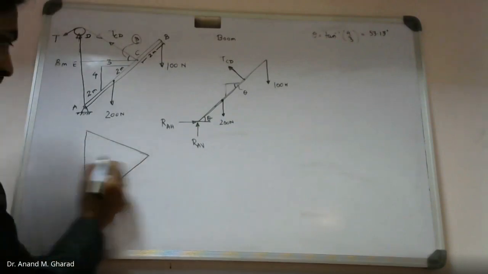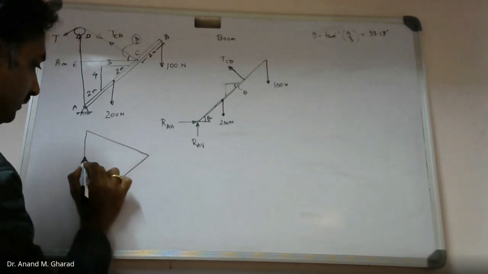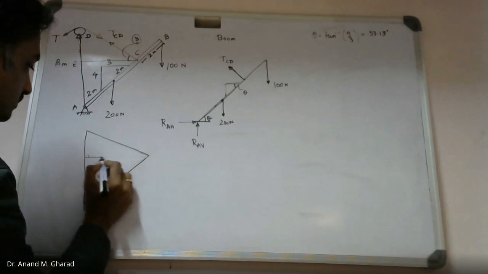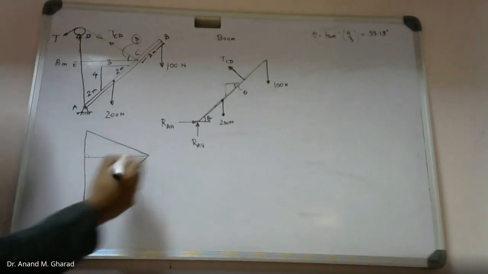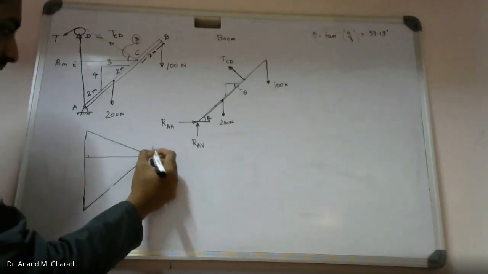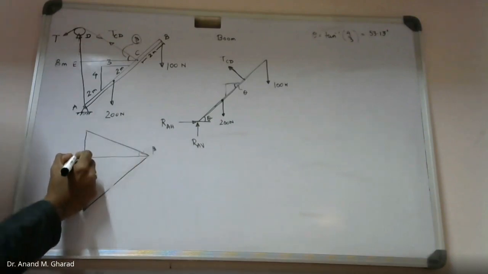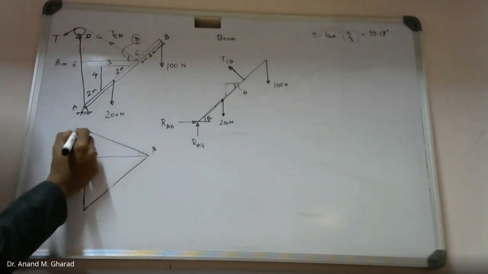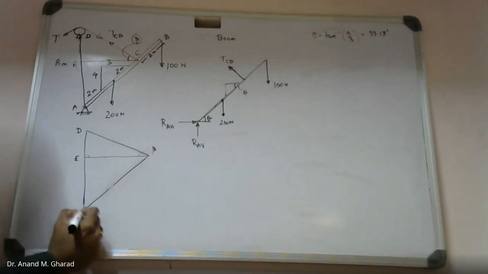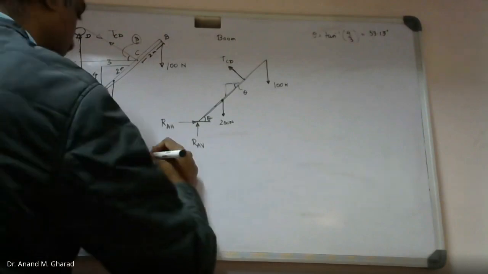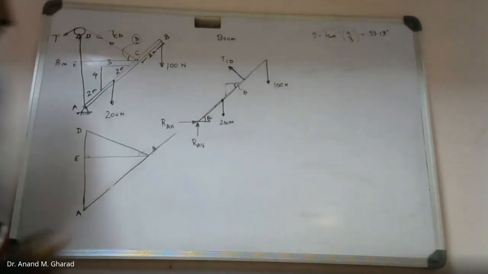Okay. So what you have done, you have dropped a perpendicular from here to here, that is at this location, and you are supposed to identify this beta. Can you please let me know what will be the distance ED? This is point A. Like this.